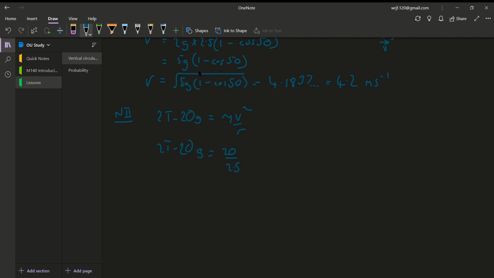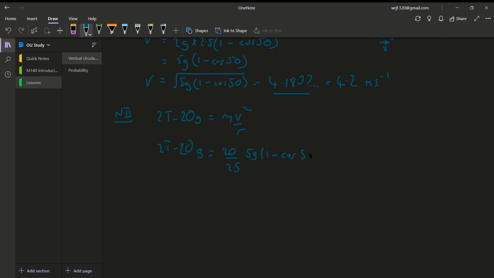And v squared, we've got this expression from the earlier part of the question, so we'll just go for that v squared expression. You could use the decimalized number here, but remember if you're going to use the decimalized version, we'd need to go back to the unrounded version, not the 4.2. That would leave us with too much inaccuracy. Better to go back to the uncalculated version so that we've got all the possible precision.